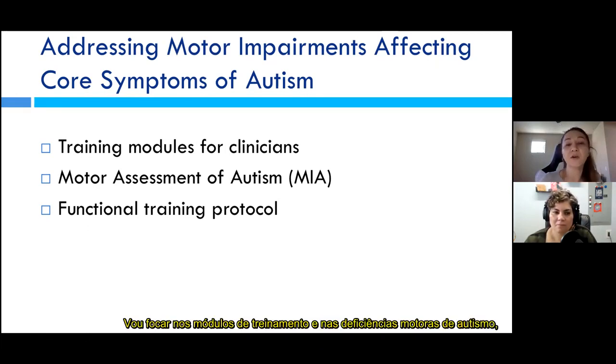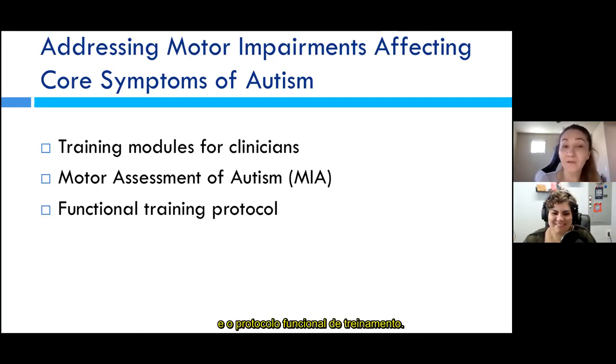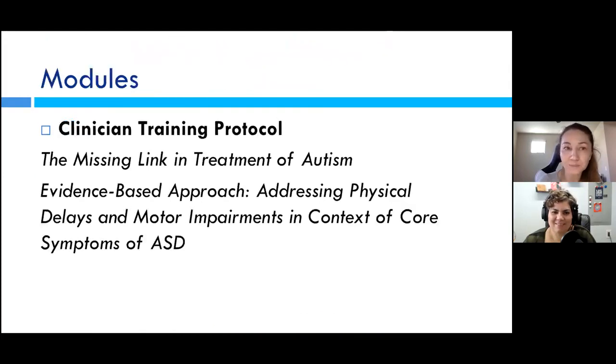So I'm going to focus on the training modules a little bit, and the Motor Impairments of Autism, which is called with this cute name MIA because it's the abbreviation, and the functional training protocol.